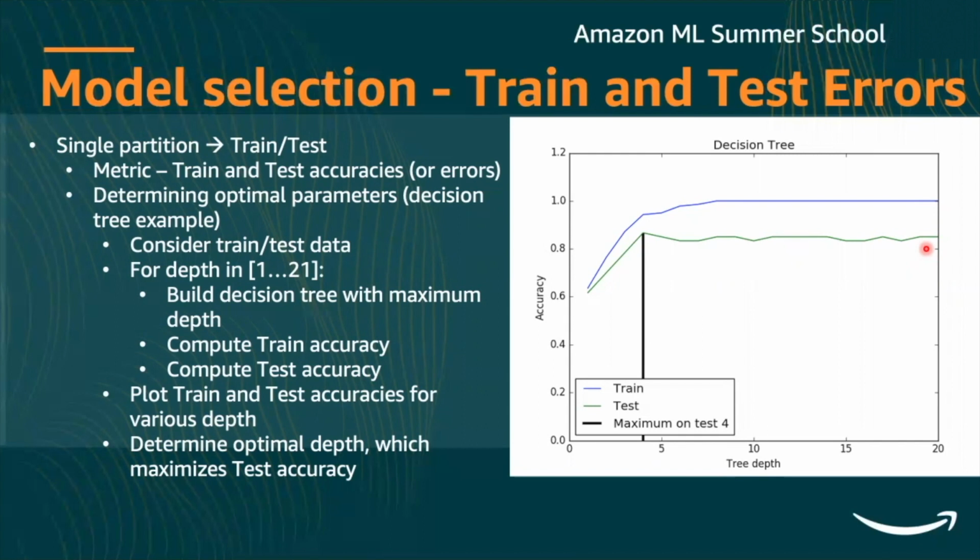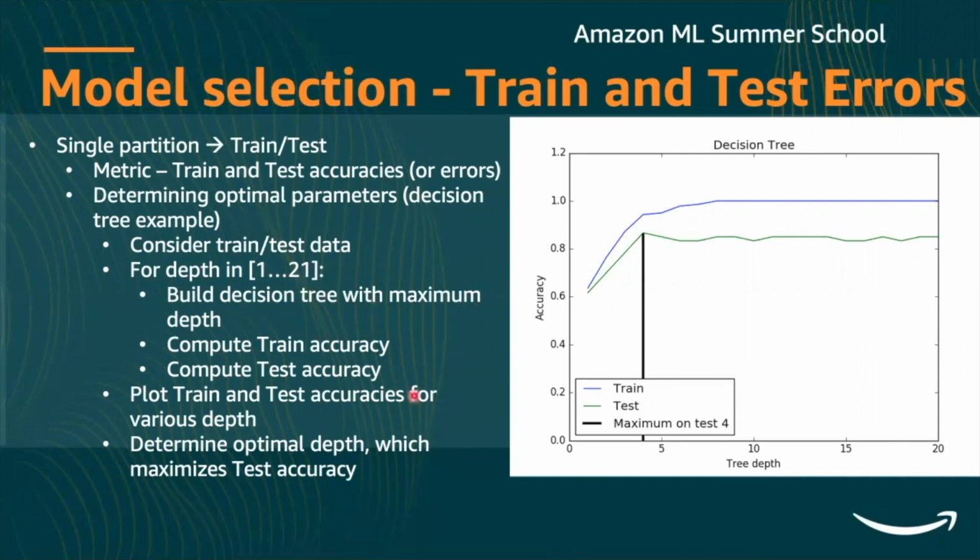So what you do is you consider the train and test set of the data. Let's say, for example, you consider only the depth of the tree. You build a decision tree with depth 1, depth 2, depth 3, depth 4, so on and so forth.